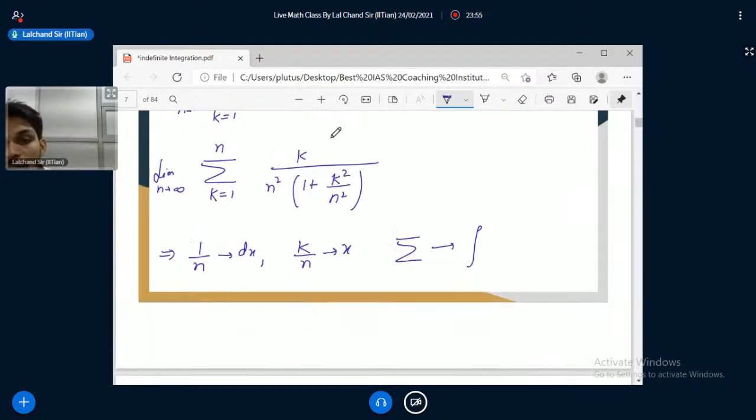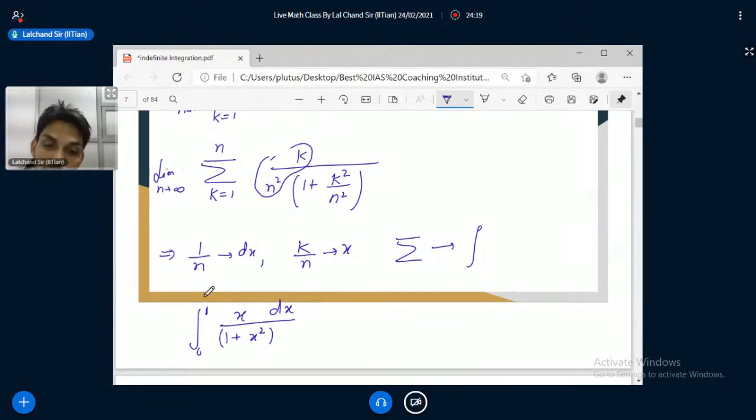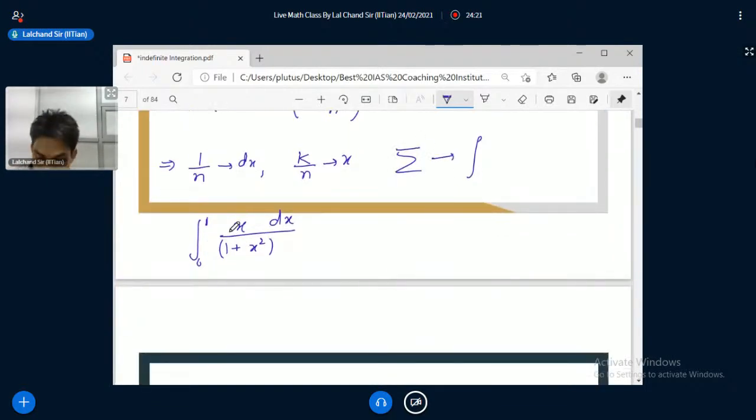So this limit will be converted into 0 to 1. Okay, so here if I break this, one factor is k by n and there is also one n. So I can write x upon 1 plus x square into dx. Okay, so now can you calculate this integral value?